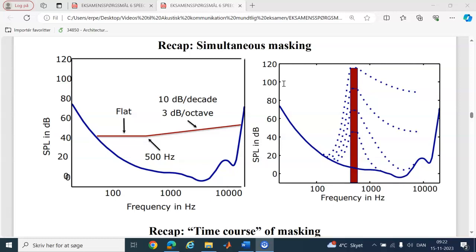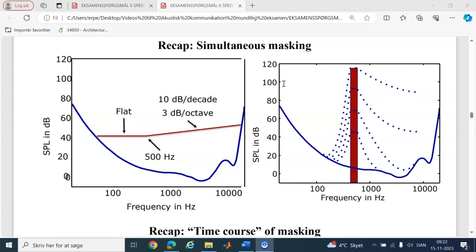And then we have the narrow band masking, and we can see the excitation pattern. We have this upward spread of masking. When the masking level is increased, then there's an upward spread for higher frequencies.